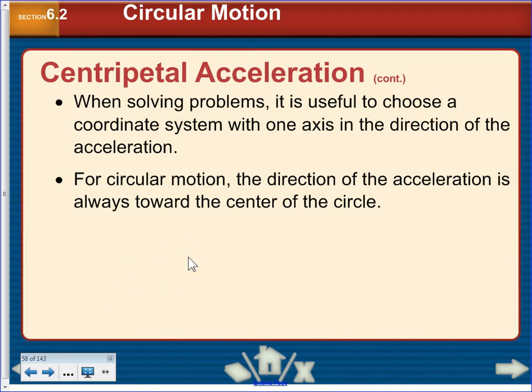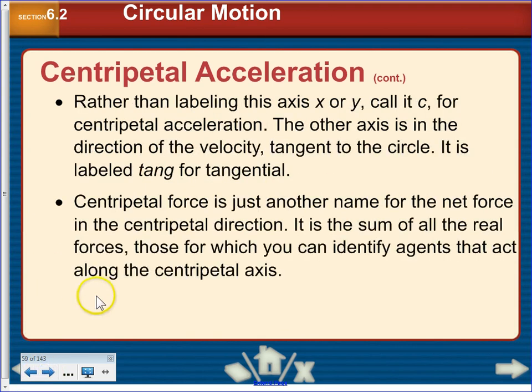Centripetal acceleration then involves, you always want to figure out a coordinate system to use, and for circular motion the direction is towards the center of the circle. So rather than labeling the axis y or x, we're going to call it c for centripetal acceleration.